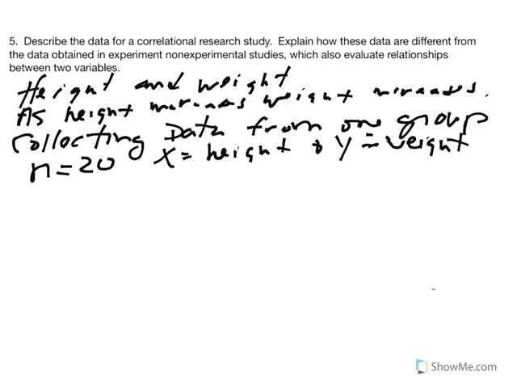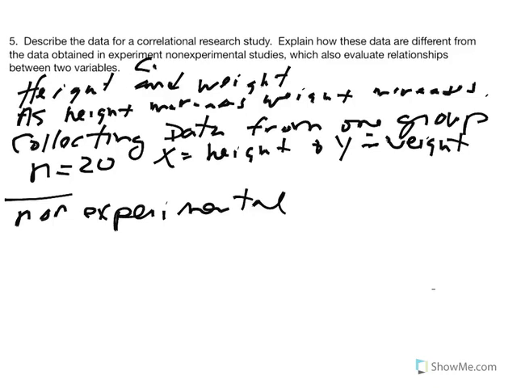Now from our reading we know that experimental research leads us to talk in terms of causal relationships, but we also learned about non-experimental studies where we're using something like a quasi-independent variable. So again, if we're talking about non-experimental, this one I should put here, correlation.